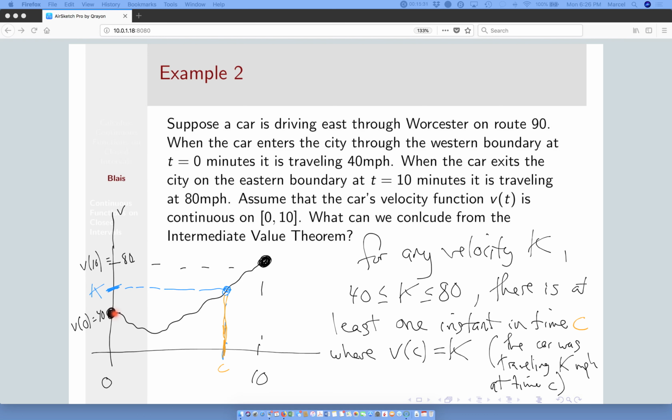So for every velocity between 40 and 80, there had to be a time in that 10-minute window when the car was going that exact velocity.